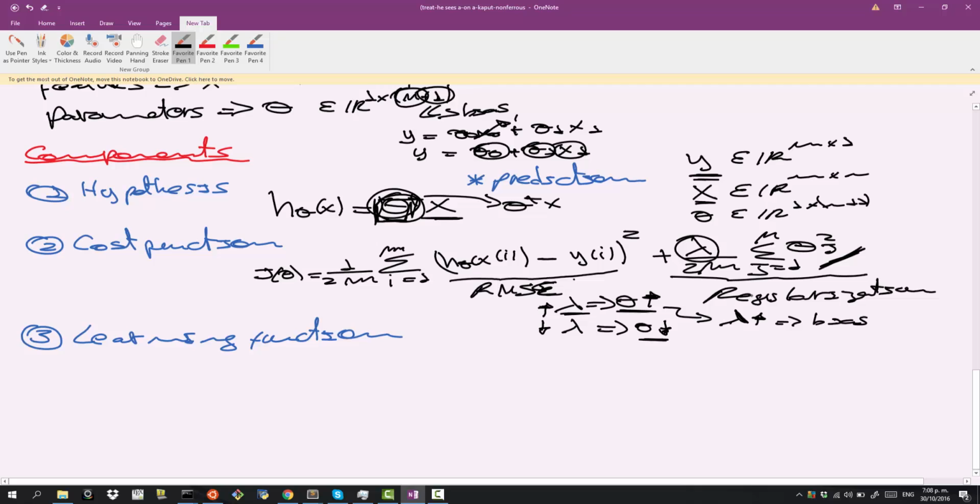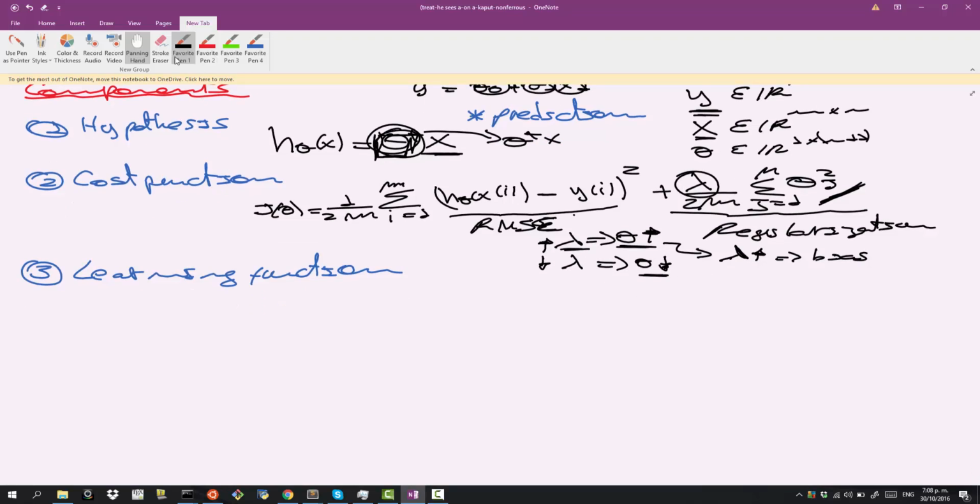Okay, so having talked about this, we can now move to the learning function. This is the central part, because it's where we basically write the code. And for this we're going to be using batch gradient descent. This algorithm is used to find the local minimum of a function.